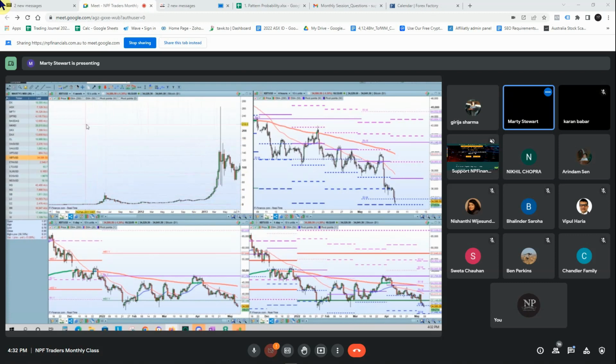So we can look at Bitcoin here. If there's any Bitcoin lovers out there, crypto lovers. Okay, so this one's pretty clear to read because it's a pretty new market. So there's been initial interest. It's made an impulse move up, just a small one.